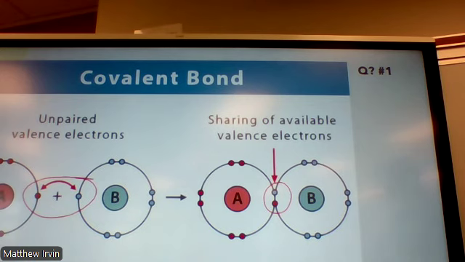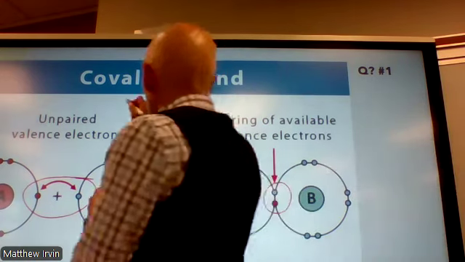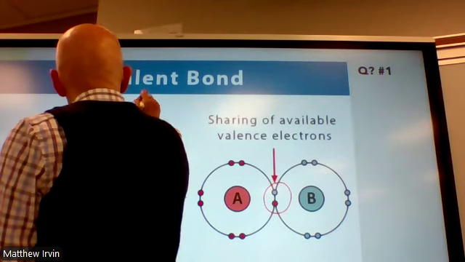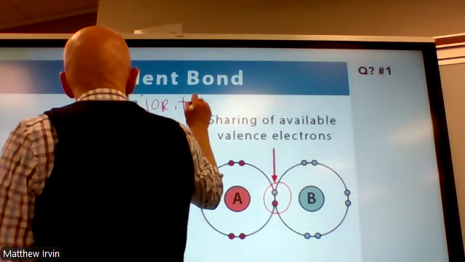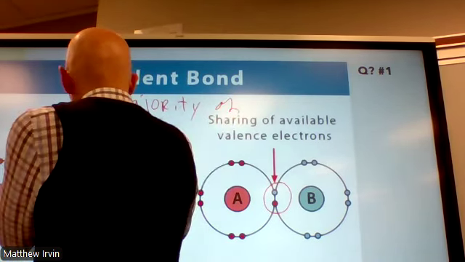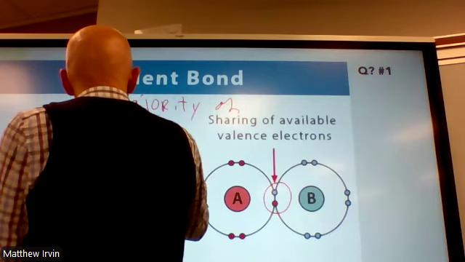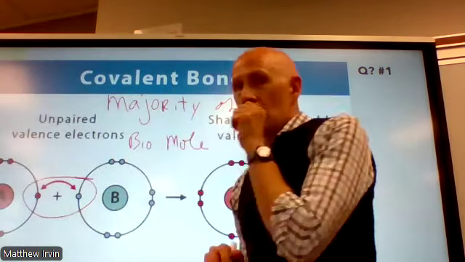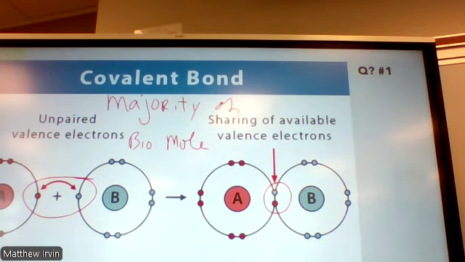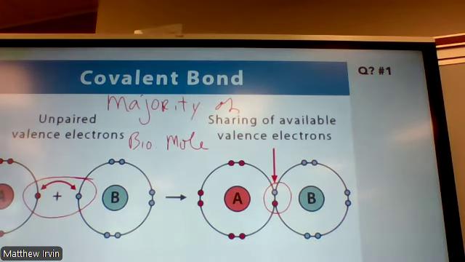Covalent bonds are the ones that make up the majority of our biological molecules. So our carbs, our proteins, our nucleic acids, the lipids, they're all covalent bonding. In our proteins, there are some other bonds. There are some ionic bonds and some hydrogen bonds, but the majority of the strong bonds are going to be covalent.